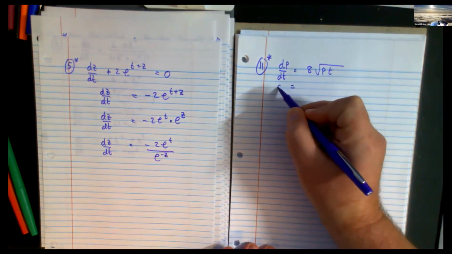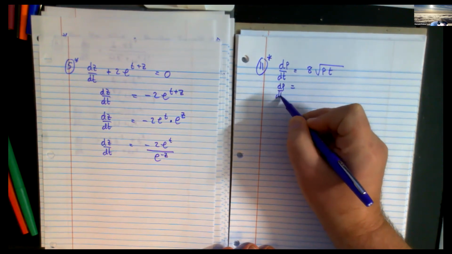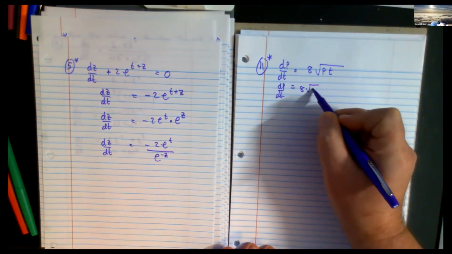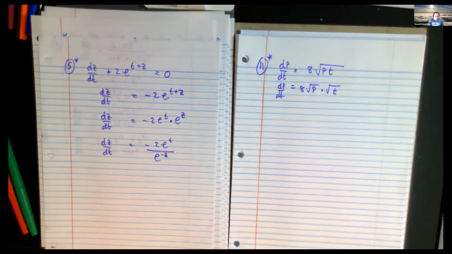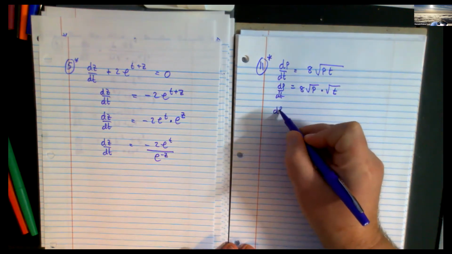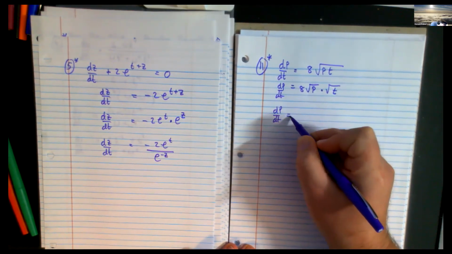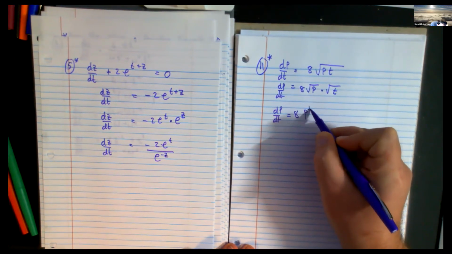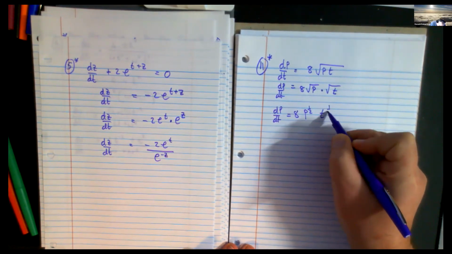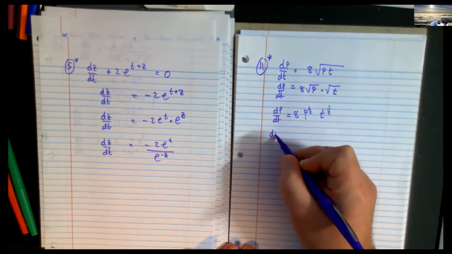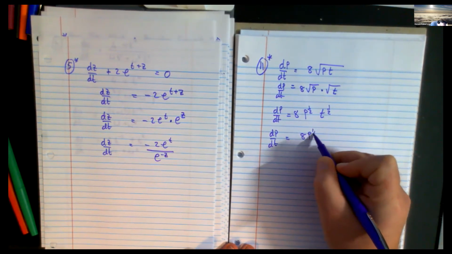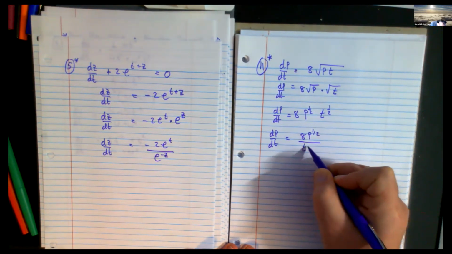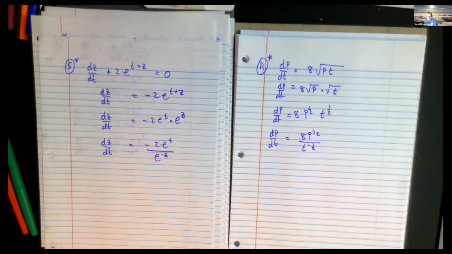The first thing I'm going to do is split apart the two square roots. Then rewrite the square roots as half powers. And finally, do that.